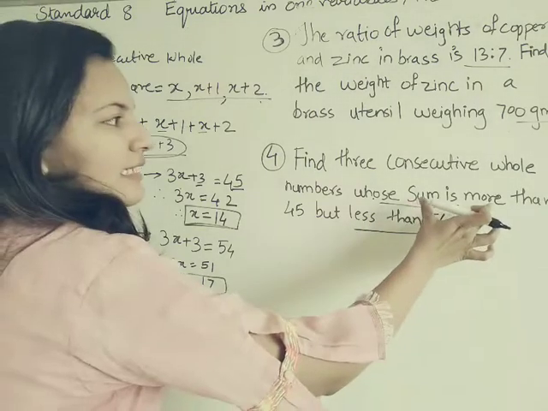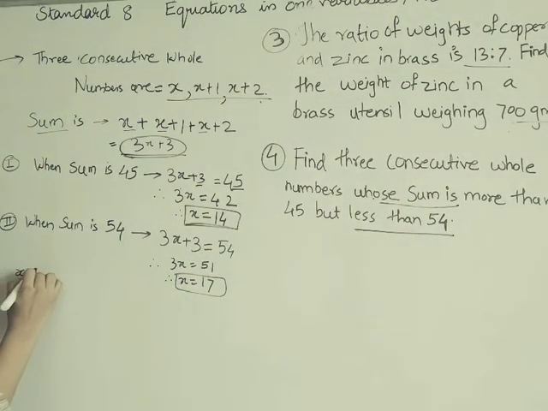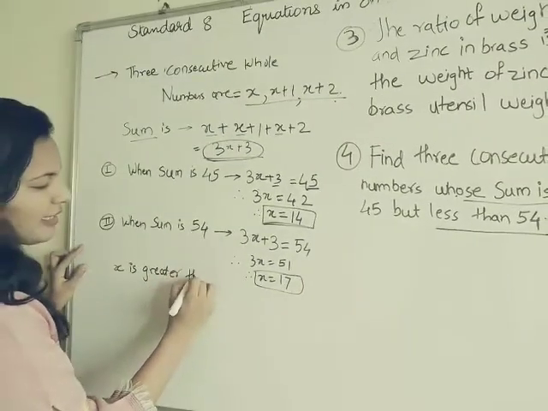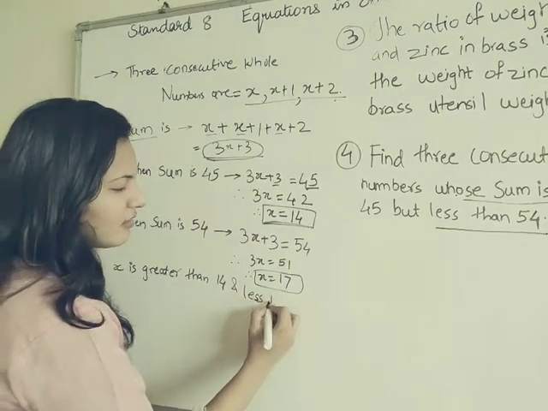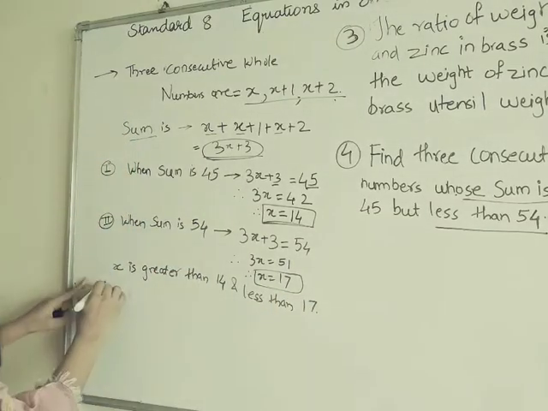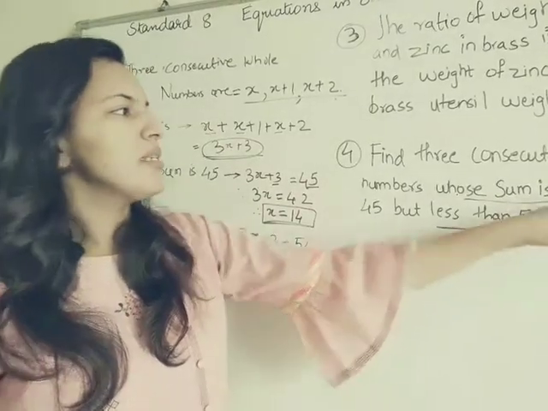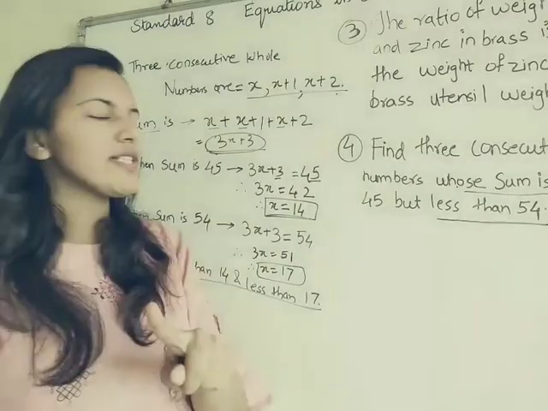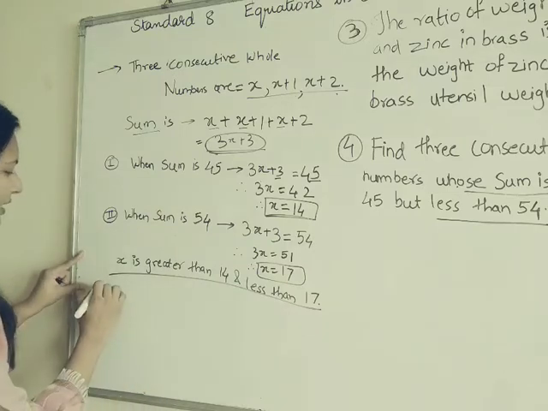So we can state x is greater than 14 and less than 17. This statement is very important. It came from the statement: sum is more than 45 but less than 54.